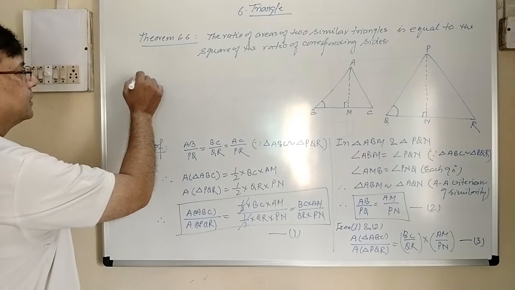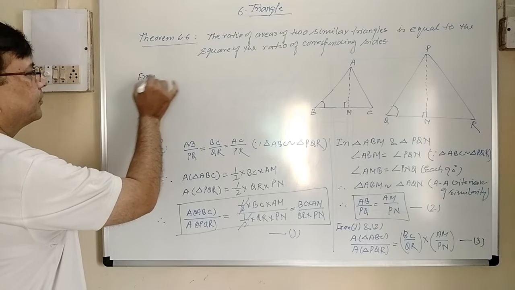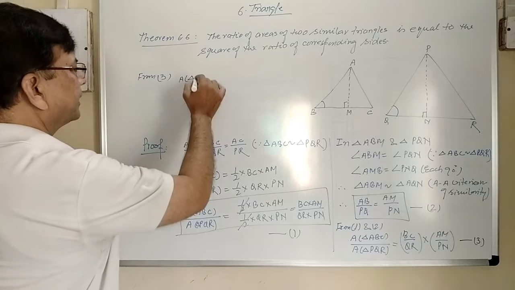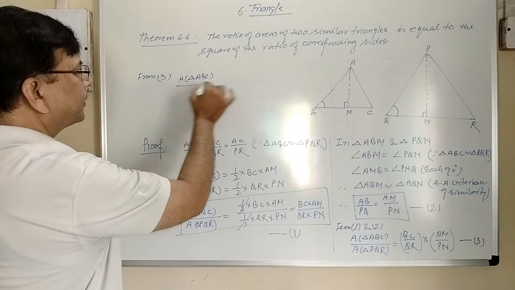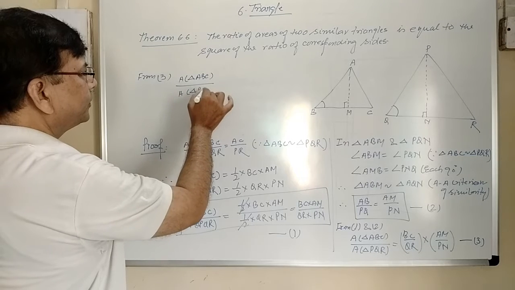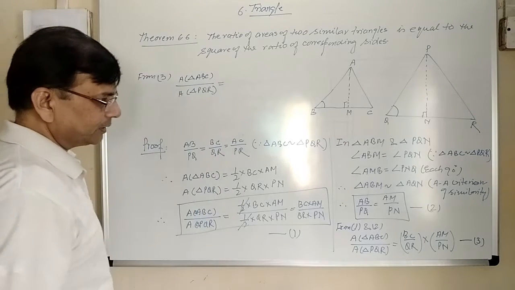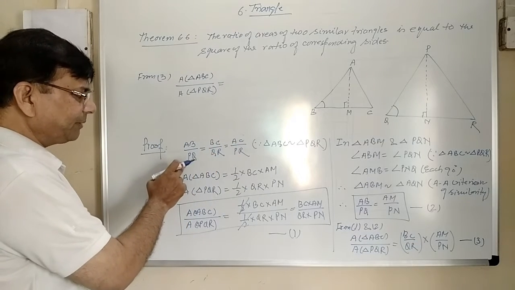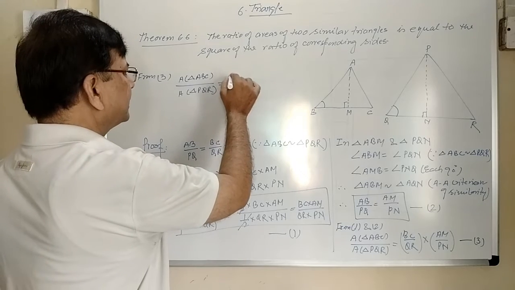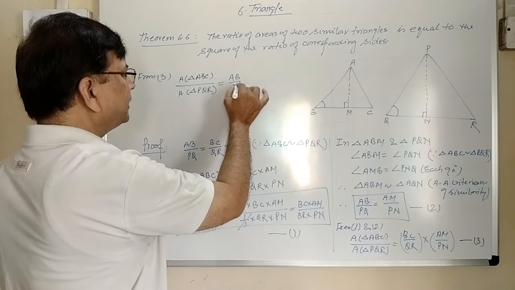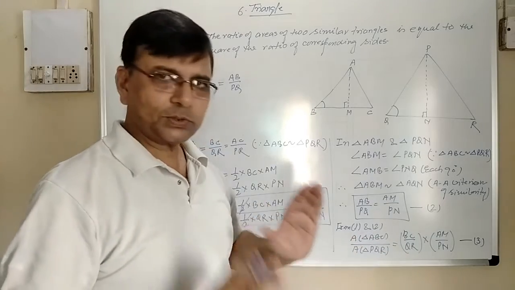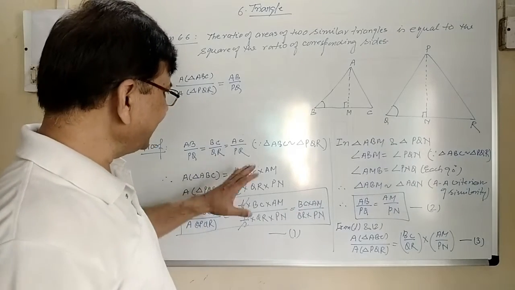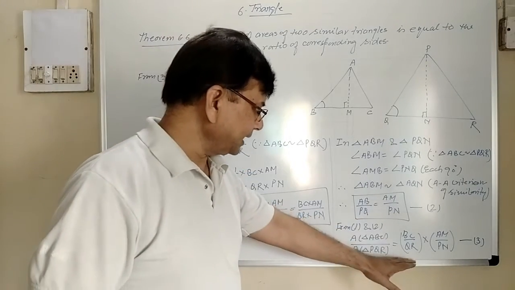So from 3, area of triangle ABC upon area of triangle PQR is equal to BC upon QR into AM upon PN. BC upon QR we can write as AB upon PQ. It's important, because we want all the ratios to be the same. So we will see all these relations, this relation and this relation.